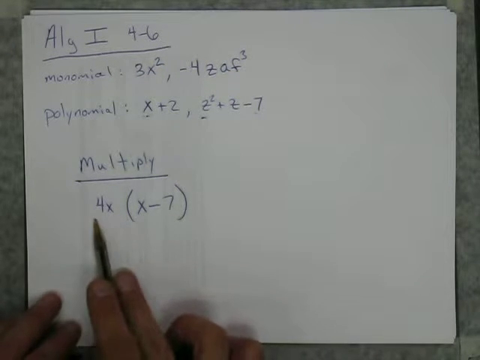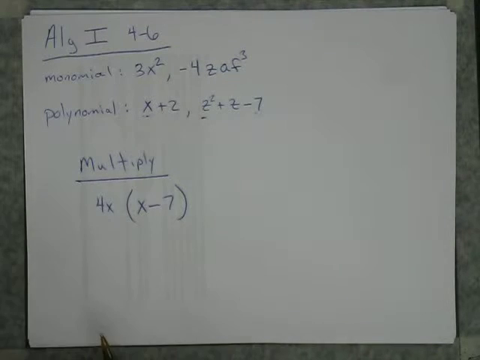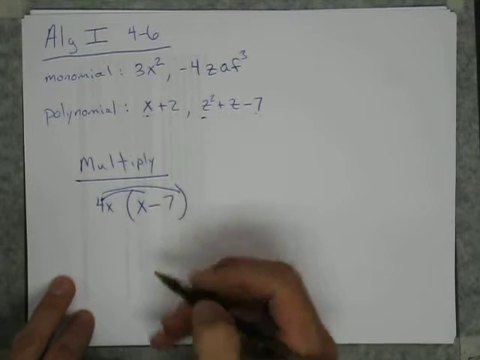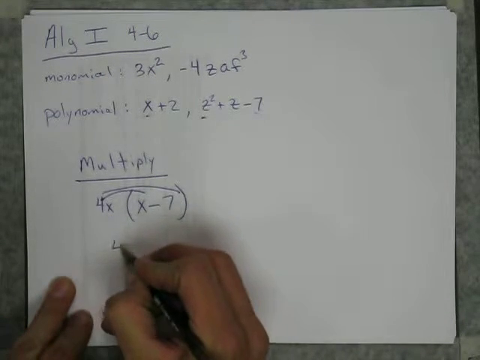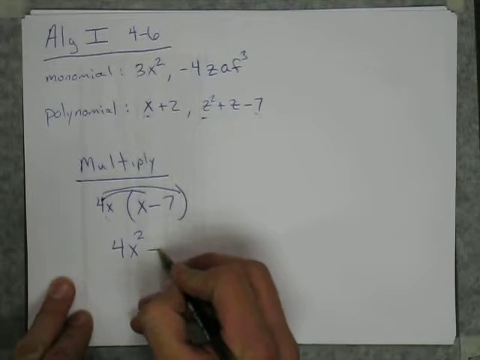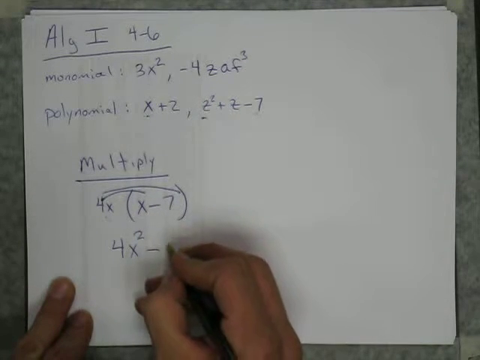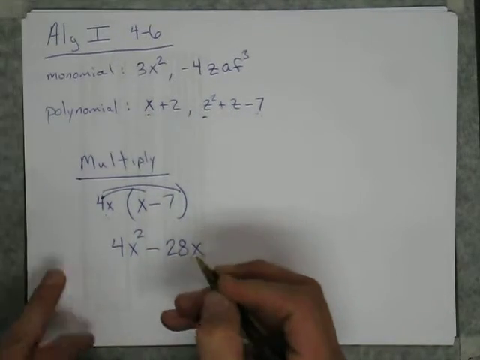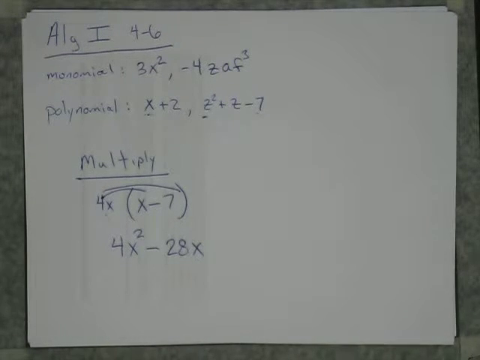What am I going to do with that 4x? Roman, what am I going to do? Excellent, distribute it in, good answer. So we distribute in and we end up with 4x times x is 4x squared minus 4x times 7 is 28x. And we would be done. That would be your answer.